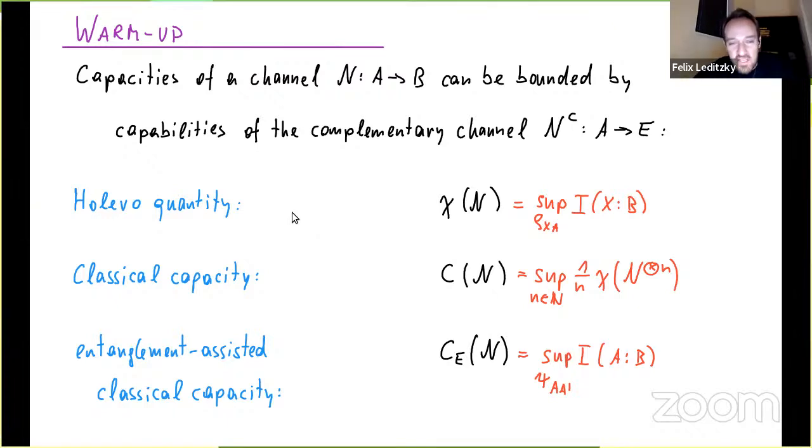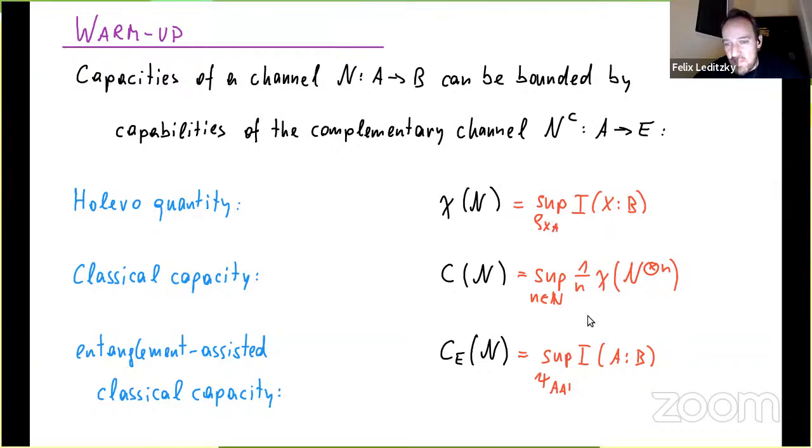So it's easy to see this on an entropic level for the classical capacities and information quantities. So the underlying information quantity is the Holevo quantity or chi quantity, where we just take CQ states and just look at the mutual information just for Bob, and we drop the Eve term.